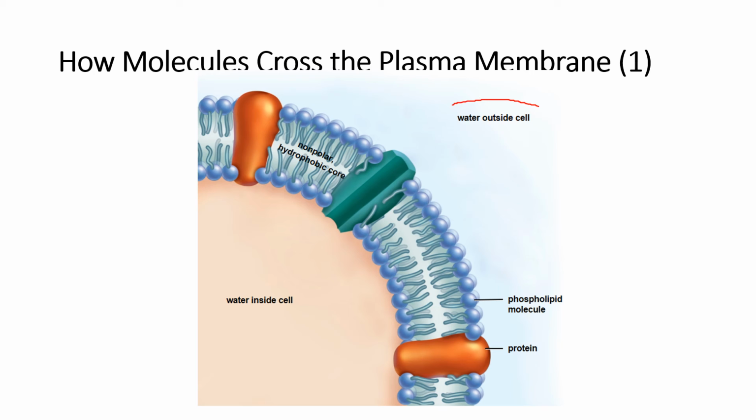So again, there's water outside of our cell in the tissue fluid or the environment. There's water inside the cell in the cytosol, which is a big component of the cytoplasm. Our hydrophilic, water-loving heads are interacting with both sides of the water.